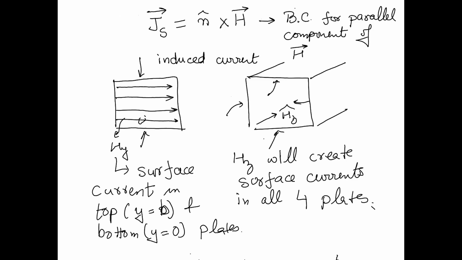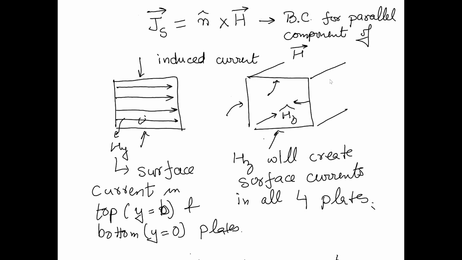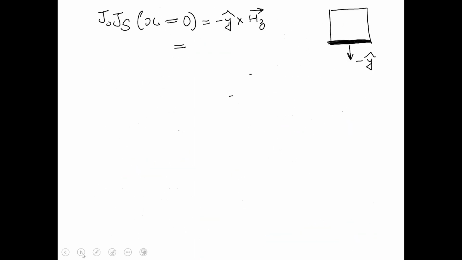For t is equal to 0 term, basically cos omega t minus beta z is nothing but cos of minus beta z.